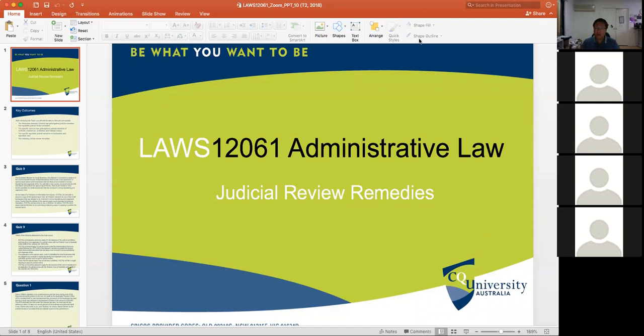So at its very core, we would recall that judicial review remedies are very limited. Judicial review in general is very limited in the sense that courts do not have the power to step into the shoes of the original decision maker.